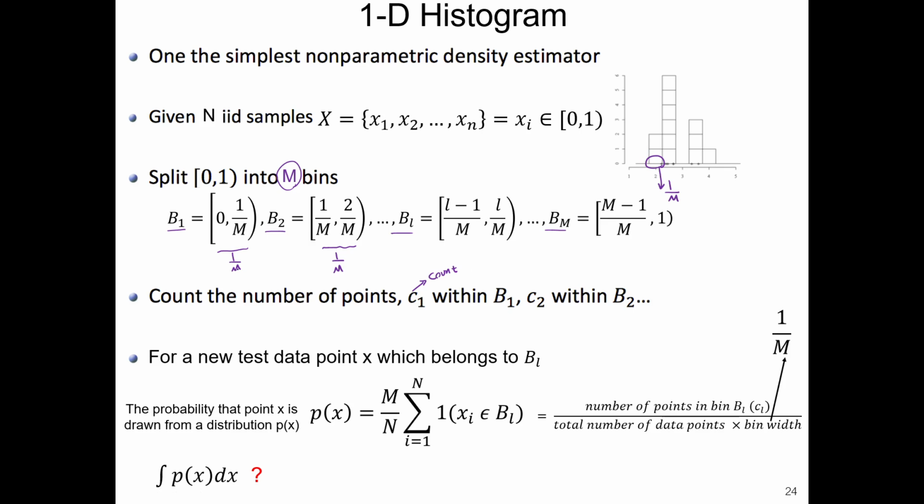So count 1 means the number of data points within that bin. Count 2 is the number of data points within the second bin, and the number of data points within the last bin, bin m. In fact, these are the frequency values.